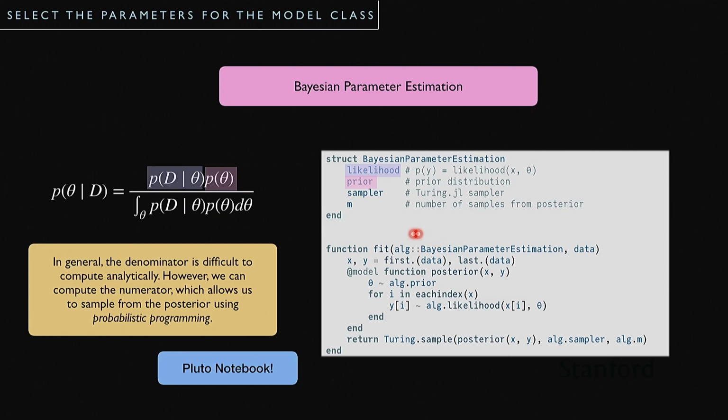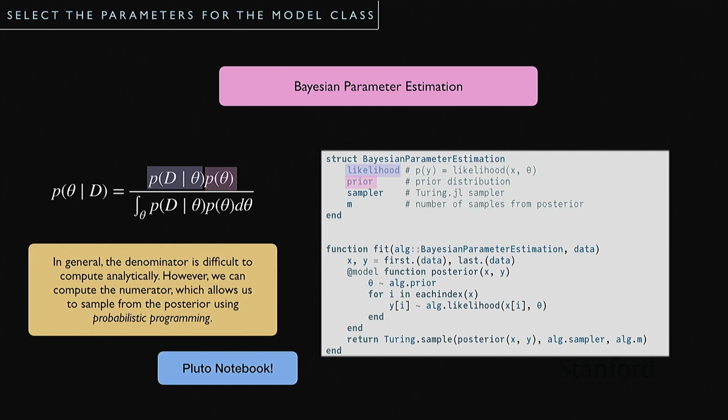And then what we can do is just call this fit function, where first it just extracts some data. This is the whole probabilistic programming part. What's cool here is we don't actually draw samples in this function. We just say theta is sampled from this prior distribution. And then for each of our data points, we say that the y value of the data point was generated via our likelihood model.